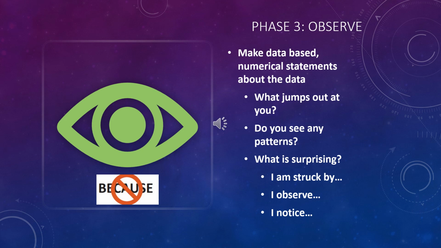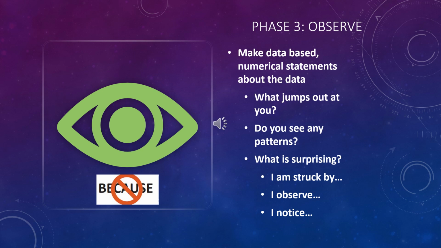The next phase of the DDI process is to make observations and statements about the data. Here, DDI team members talk about what jumps out at them, what patterns emerge, and what caught them by surprise. At this stage, we talk about what is evidence from the data and make no effort to explain the reasons why the data looks that way.